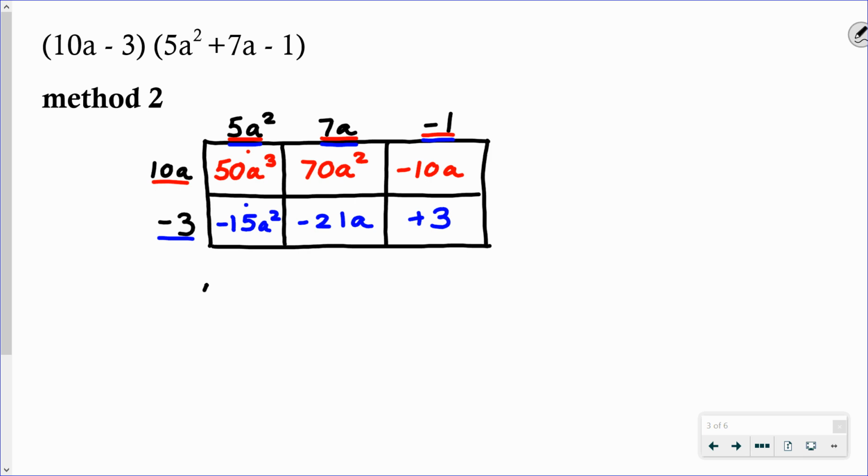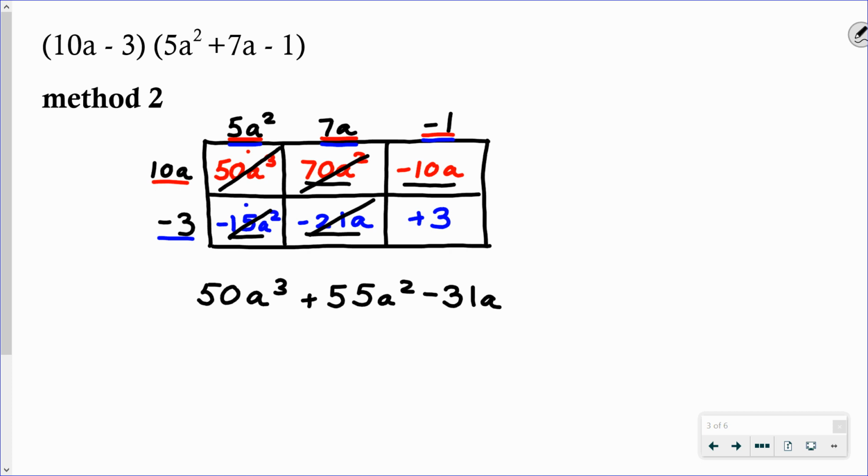Now, all you have to do is combine like terms again. The a to the third doesn't have any like terms, so I'm done with that box. And then the a squareds get combined. Again, 70a squared minus 15a squared is plus 55a squared. So those boxes are done.